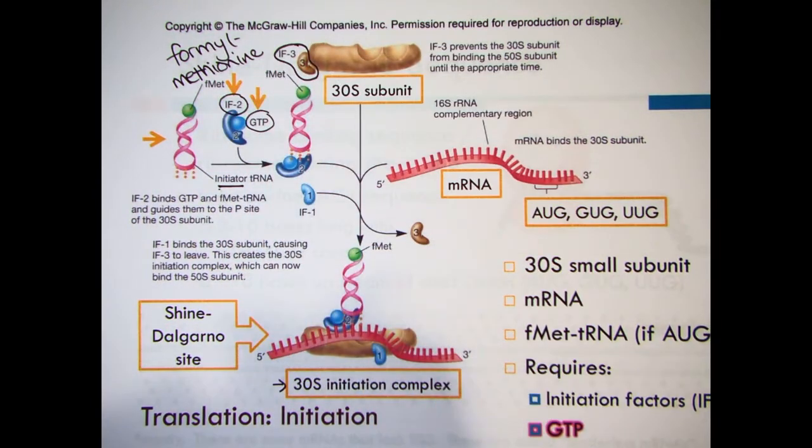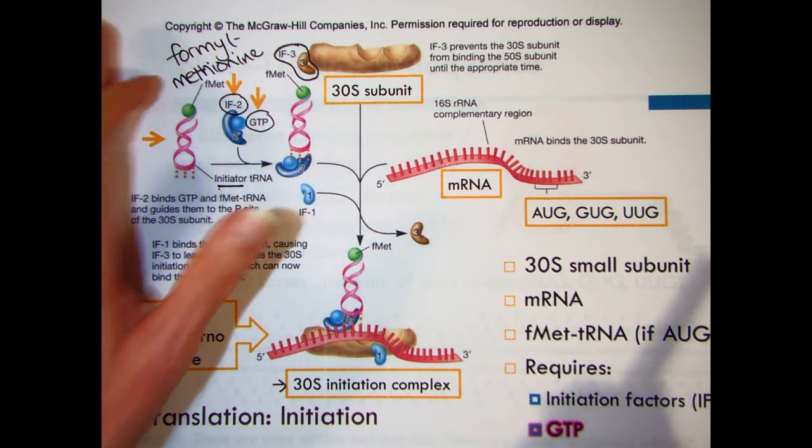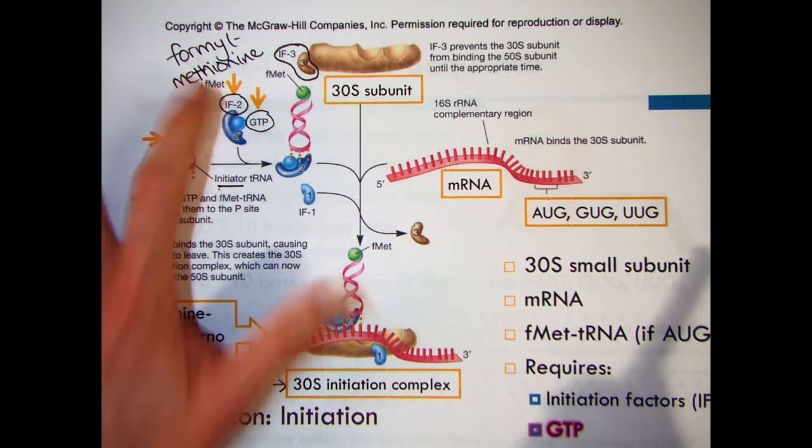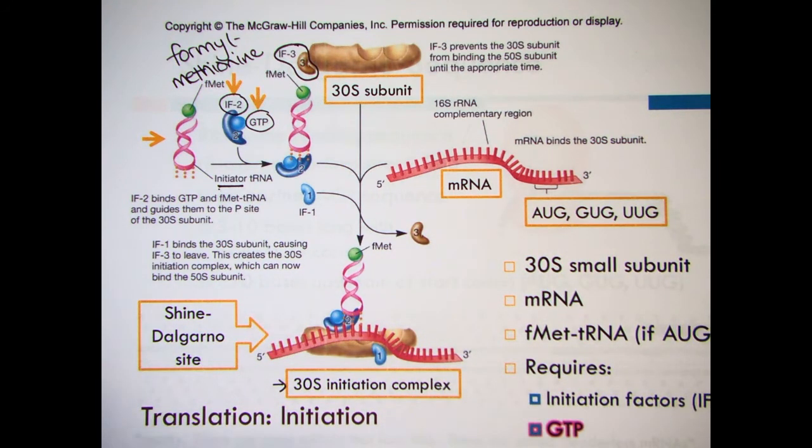Often, the formyl group will be cut off, and so you'll end up with just regular methionine in the finished protein. But it is noteworthy that bacteria use formyl methionine, abbreviated fMet, to go with the codon AUG instead of using just regular methionine.